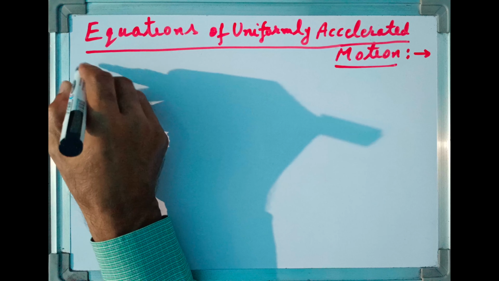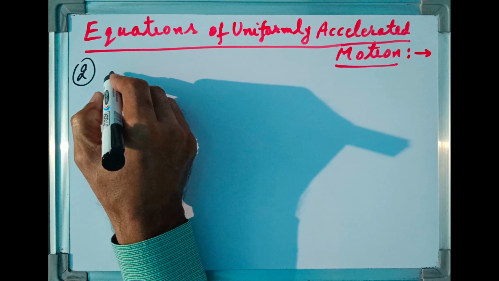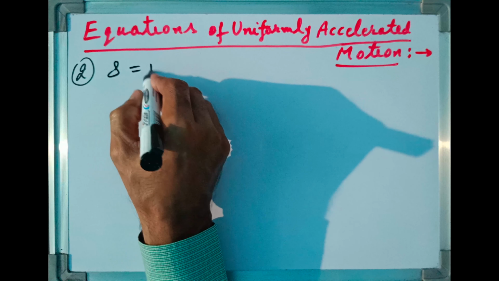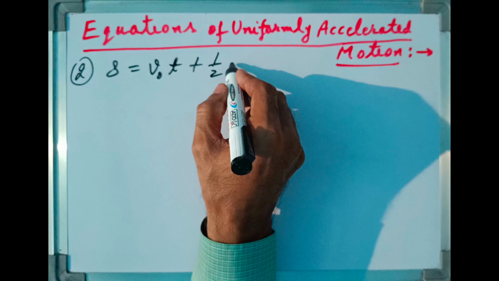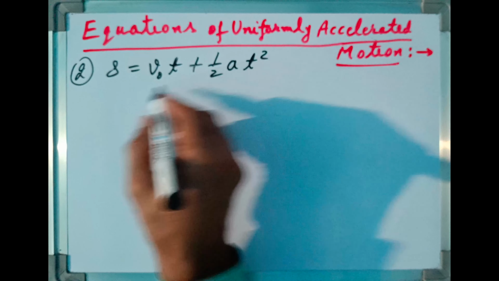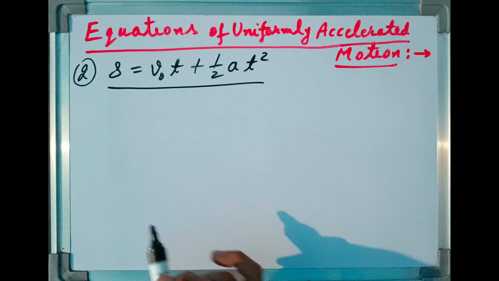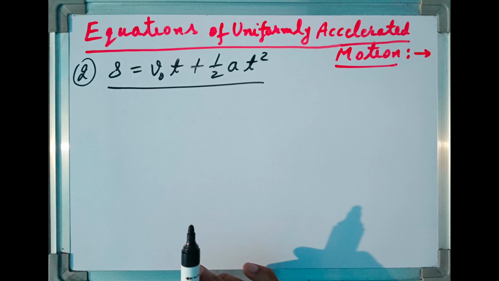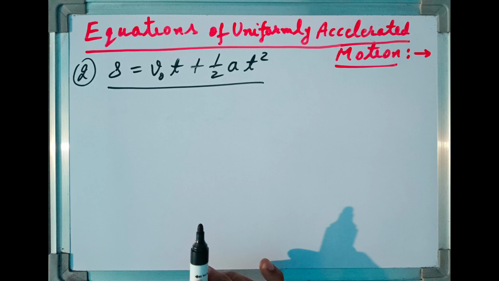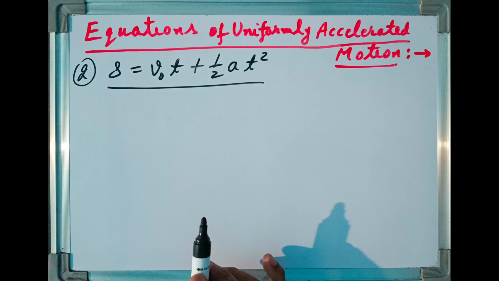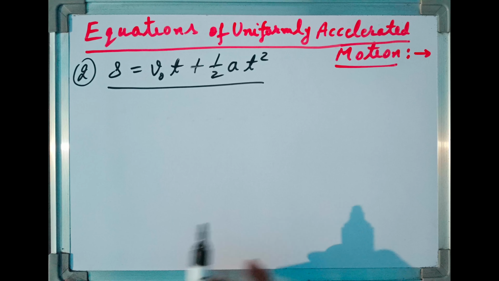Second equation of motion is s equal to v naught t plus half a t square, where s represents distance covered by body in time t, a represents constant value of acceleration, v naught represents speed of body at starting time t equal to 0.